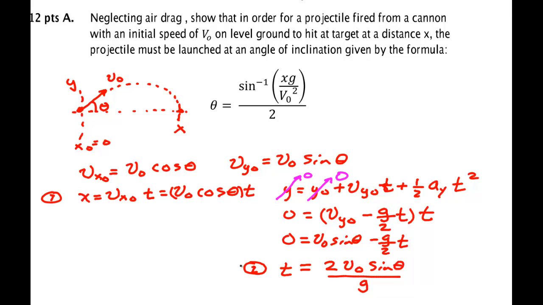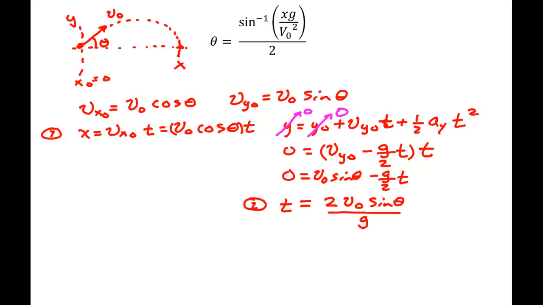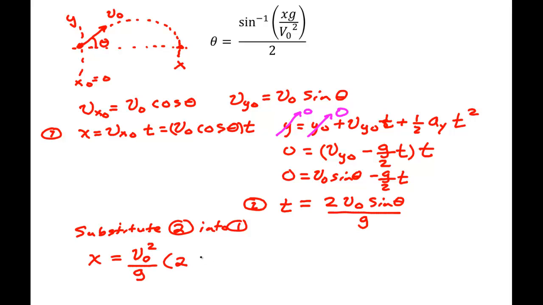I now want to take equation 2 and substitute that into equation 1. So I have x is equal to a 2 v0 sine theta over g being put up here. This gives me v0 squared over g times 2 sine theta cosine theta.